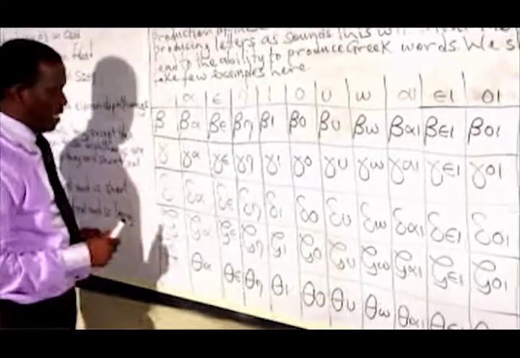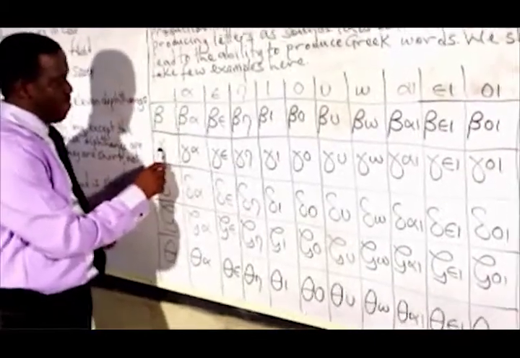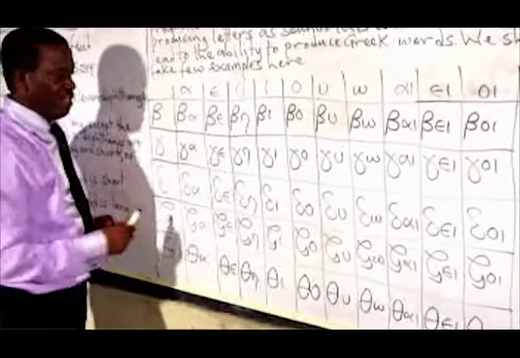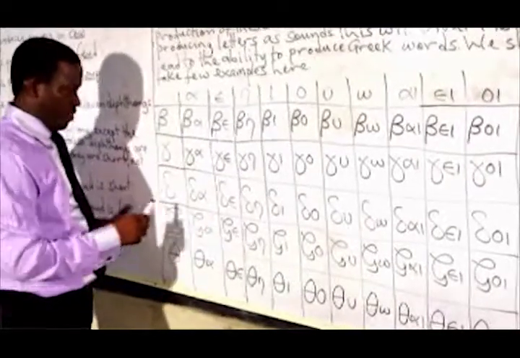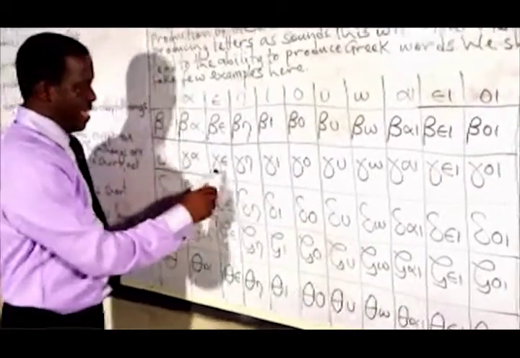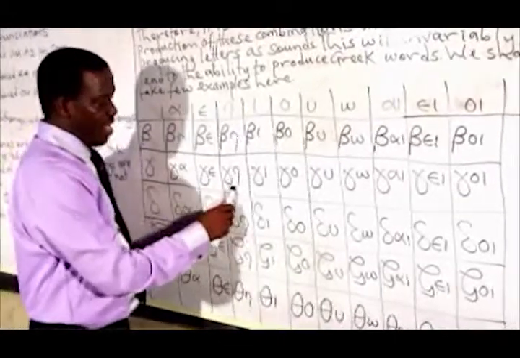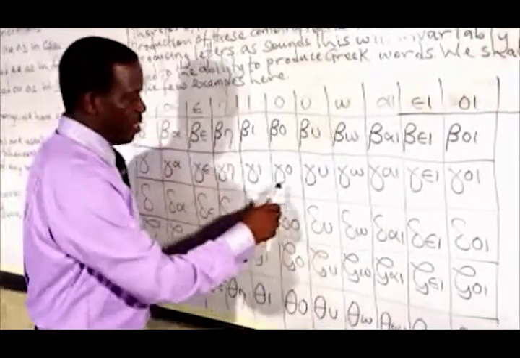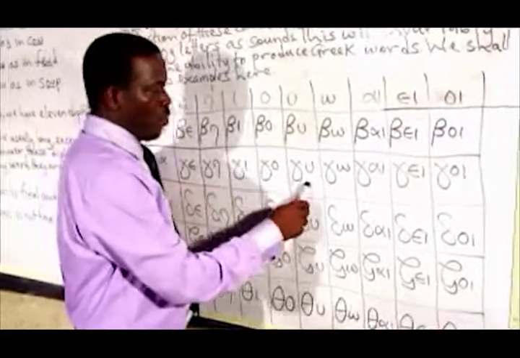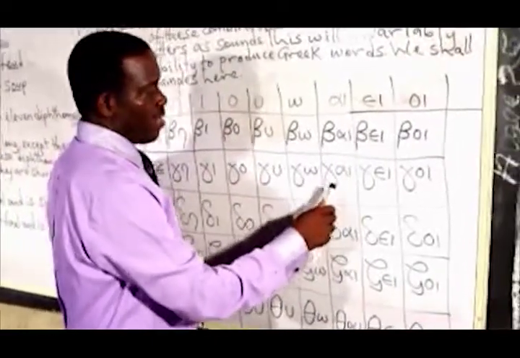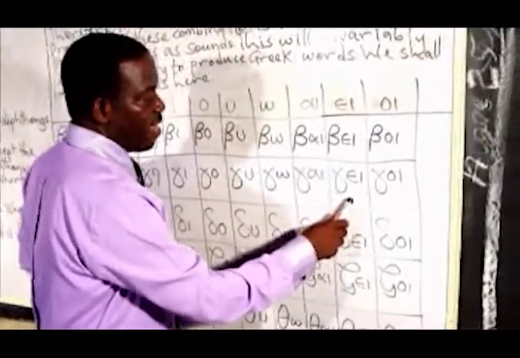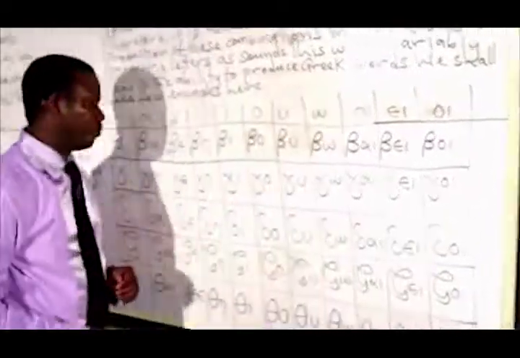We're going to the second one here. We have gamma combined with the vowels and the diphthongs. Here we have ga, ge, ge, gi, go, gu, go, guy, ge, goy.